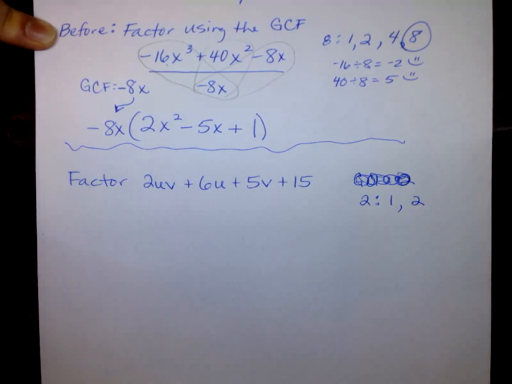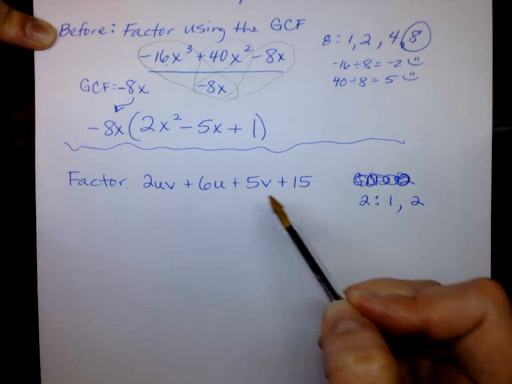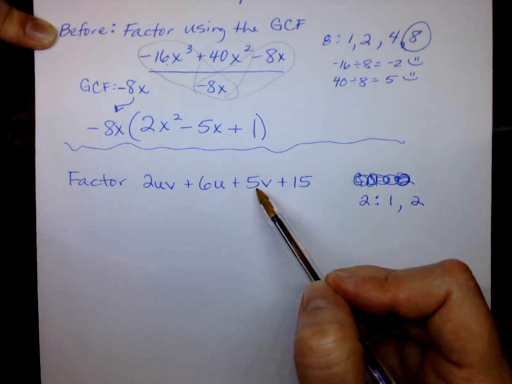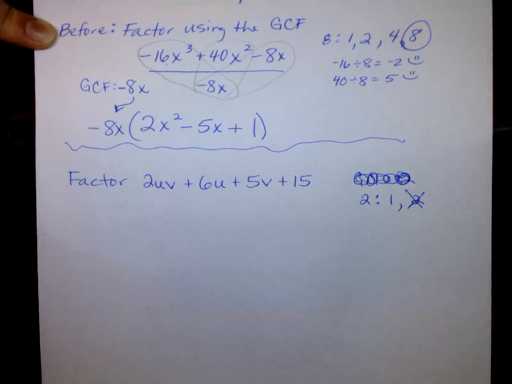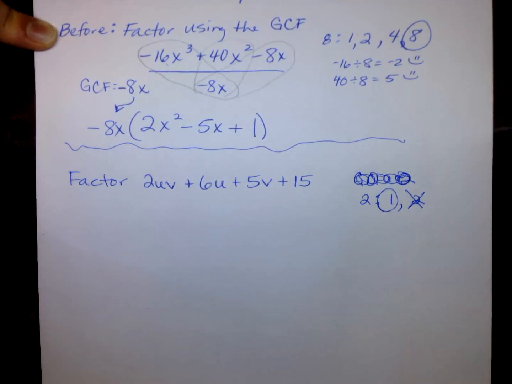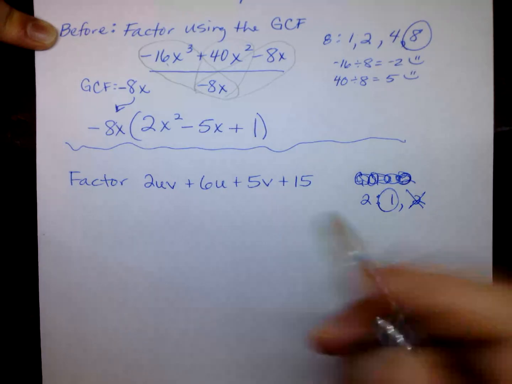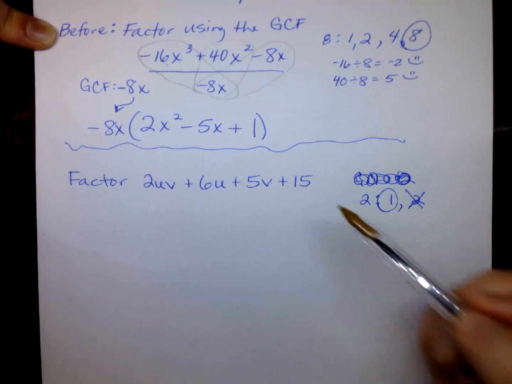Just 1 and 2. Well, that means that a GCF has got to be one of these two numbers. And right away, I can tell that 5 is not divisible by 2, and neither is 15. So that means 2 is not going to be the GCF, and the GCF is only going to be 1. But that doesn't really do anything for us. If we divide 1 out of every term, that doesn't change anything. And so there is no GCF as far as the numbers go.